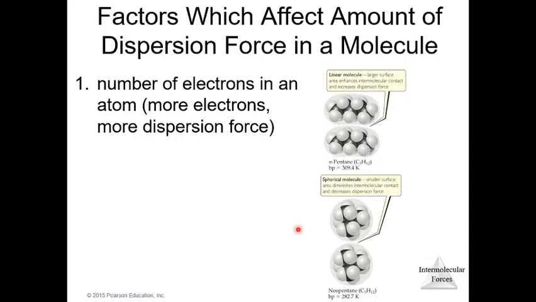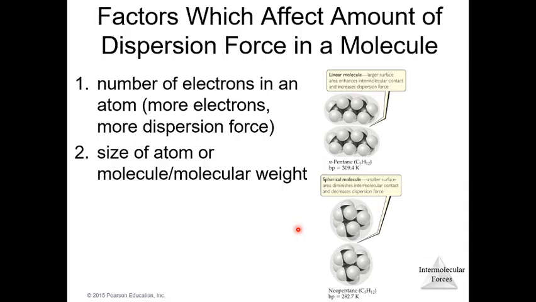The more electrons you have, the more dispersion force you have. So the more electrons you have, the more you can distort the electron cloud. Number two, the size of your atom or molecule or your molar mass. The bigger the atom, the bigger the molecule, the higher the molecular weight, the higher the polarizability, which means you have a stronger dispersion force.